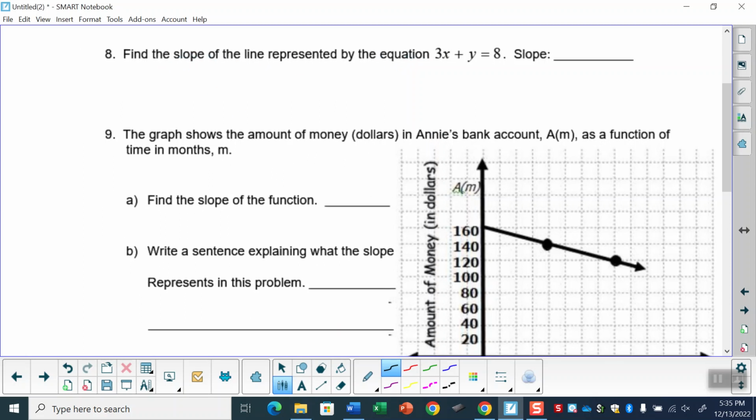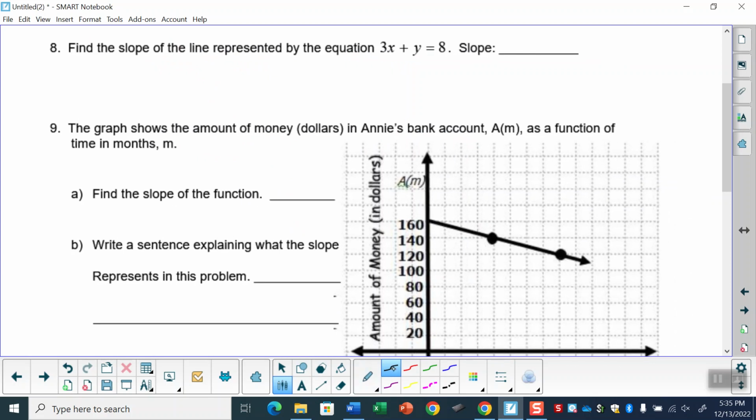And so, if I want the slope, I want to get this equation, this is standard form, into slope-intercept form, because then it's really easy to see what the slope is, right? So I want to get y by itself.